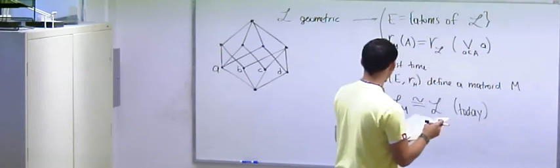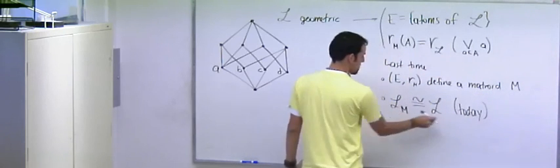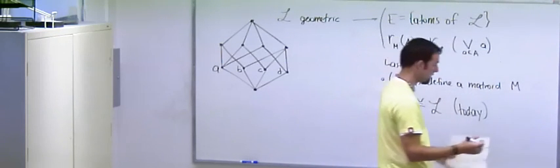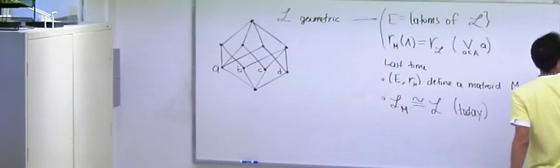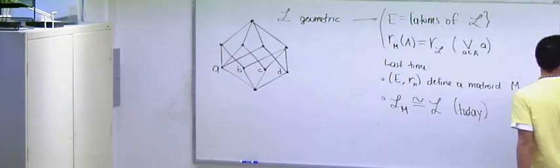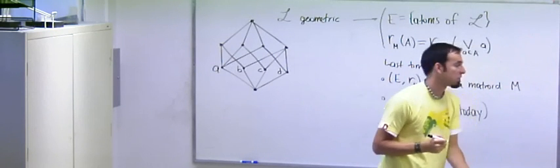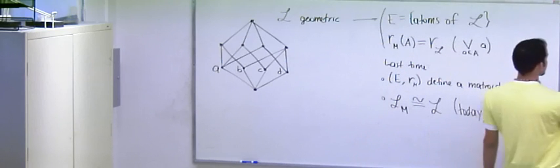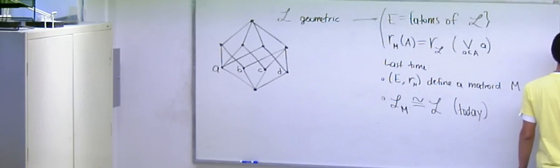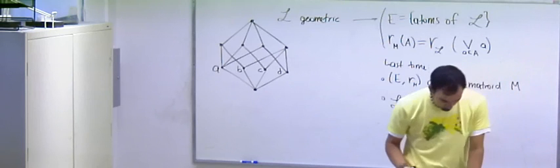So remember, what I did first is I told you that if I wanted to show this isomorphism of posets, I needed a map. So I defined the map, which started with an element of the lattice and gave me an element of the lattice of flats of this matroid. And the way I defined this map is I said that phi of an element x of the lattice was equal to, what did I say it was?